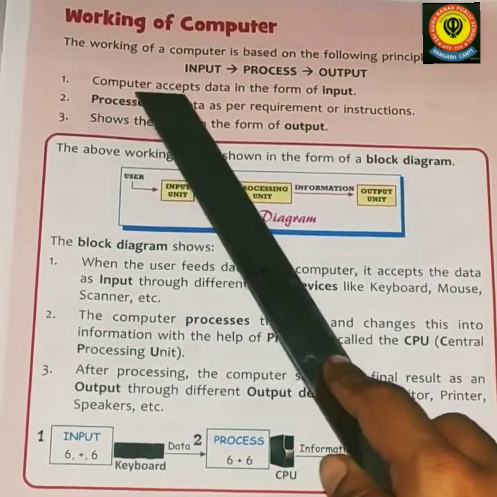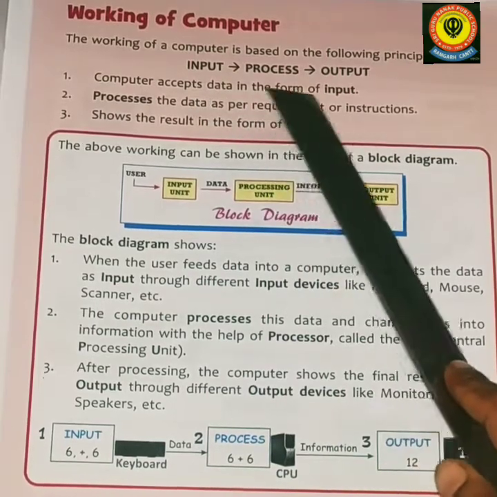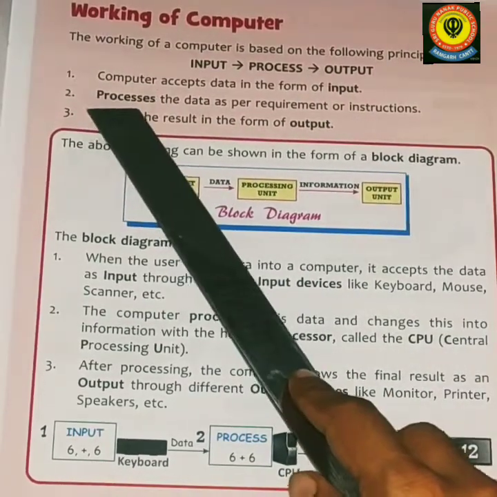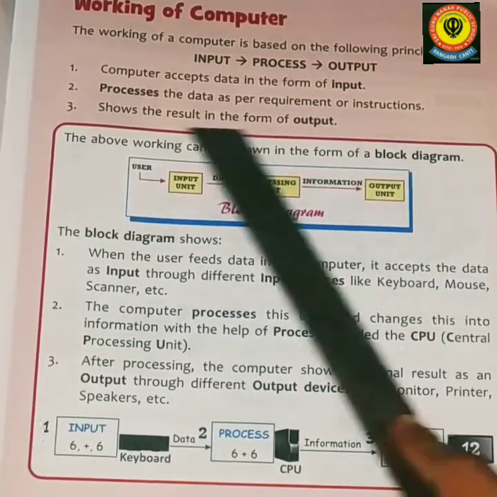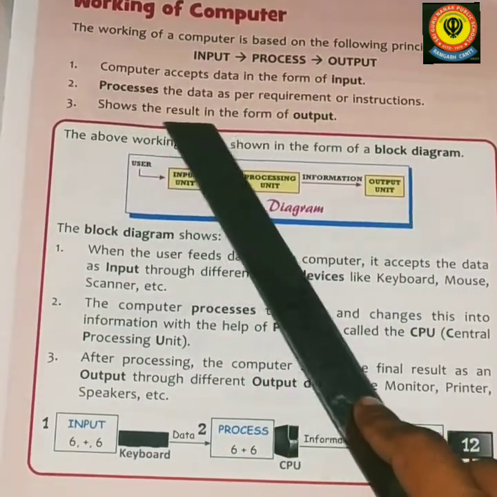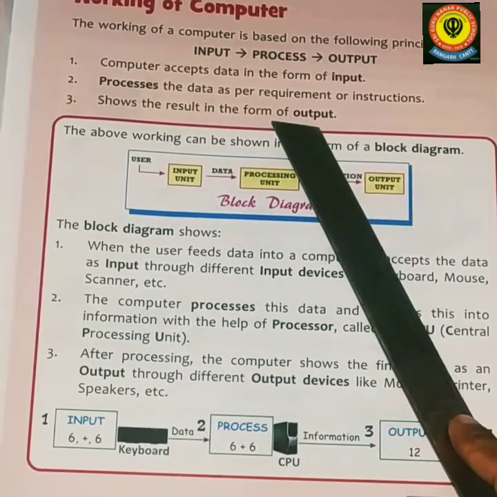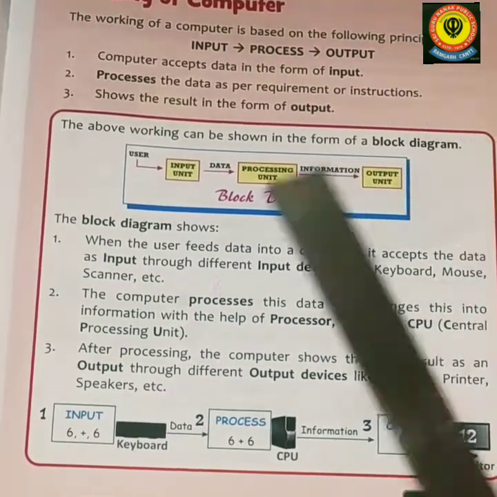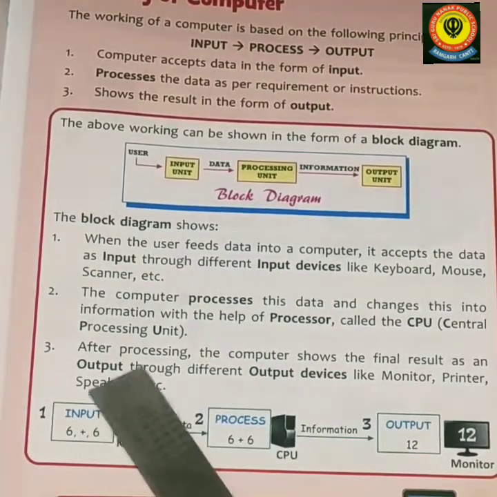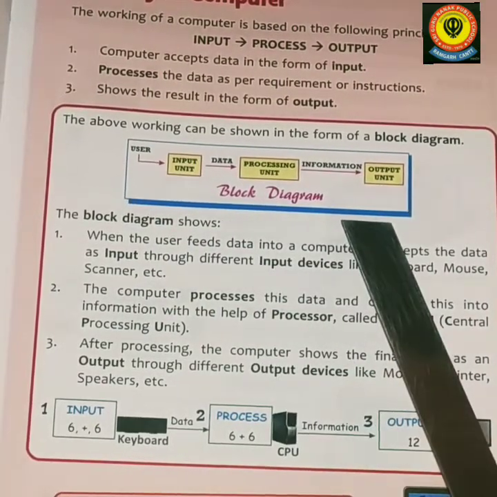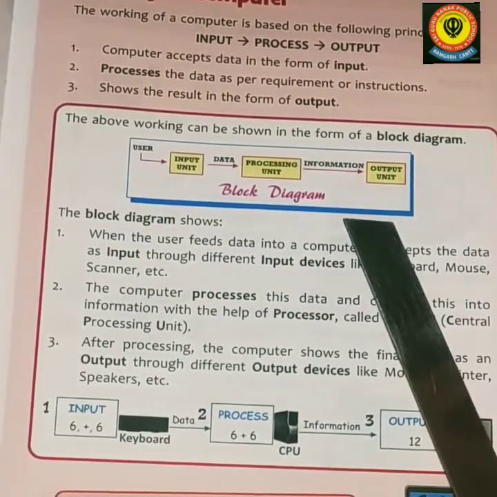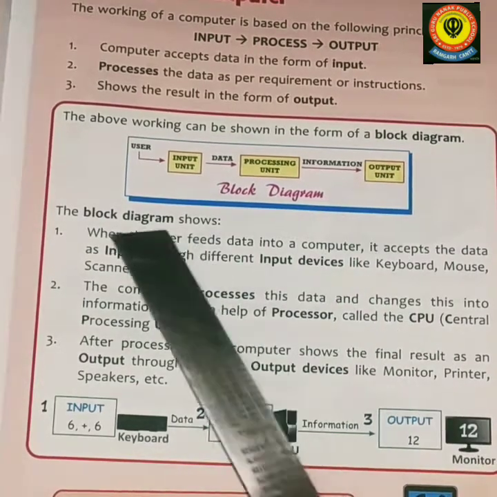A computer accepts data in the form of input, processes the data as per requirement or instruction, and shows the result in the form of output. So first is input, second is process and third is output. The above working can be shown in the form of a block diagram. This is your block diagram.